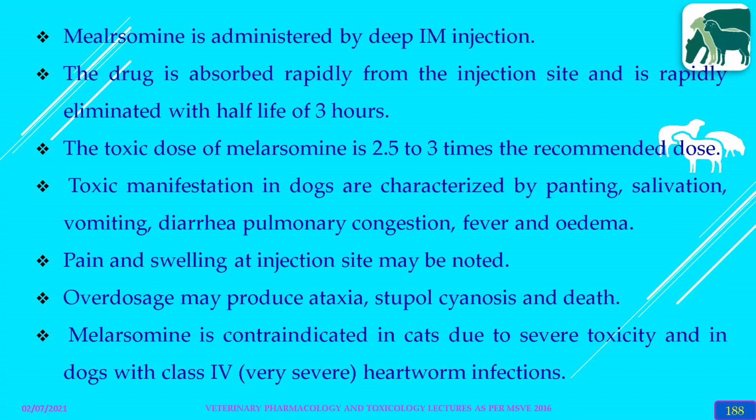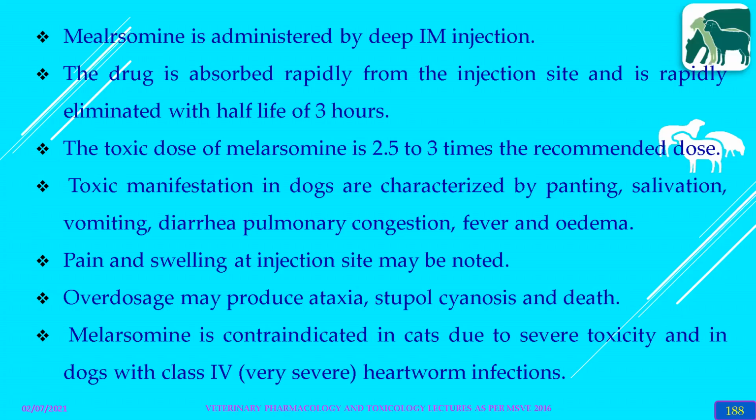Melarsomine is also effective against certain dermatological disorders, and it is injected as an intramuscular injection and rapidly eliminated, with a half-life of just 3 hours. The toxic dose is very low, that is 2.5 to 3 times the recommended dose, or else the animal is going to die. So the toxicity signs correlate with those of arsenical toxicity.